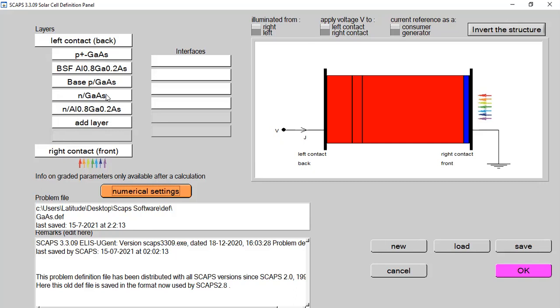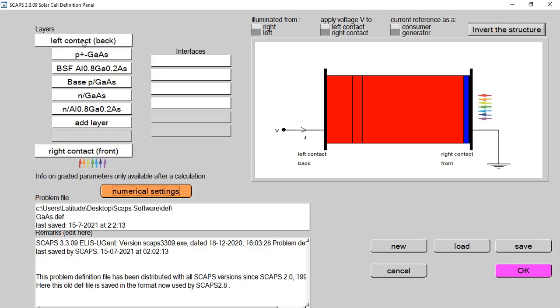But in the case of simulation in SCAPS-1D, the back metal contact has a major role in increasing or decreasing the performance of any solar cell. So whenever we set the back metal contact or metal work function in SCAPS-1D, first of all, we must know what work function actually means and for what purpose we use it.